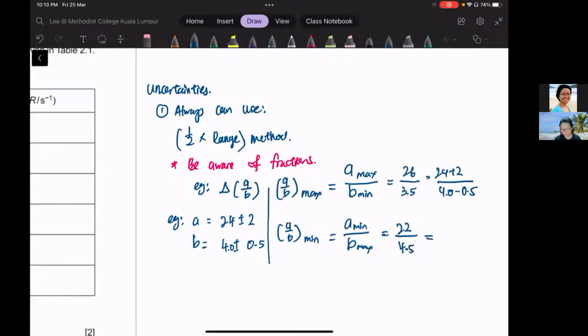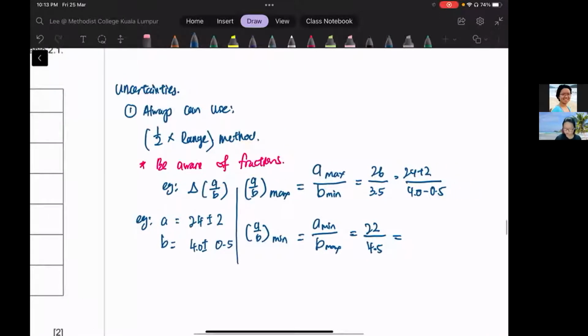So let's just do this as an exercise. It's 26 divided by 3.5, which is 7 point, okay, about SF, everything is 2SF, so I will stick to 2SF. This is 7.4. And 22 divided by 4.5, wow, 4.88888, so 4.9. Hence, it's a lot of work because first you need to make sure you calculate the max and min correctly.